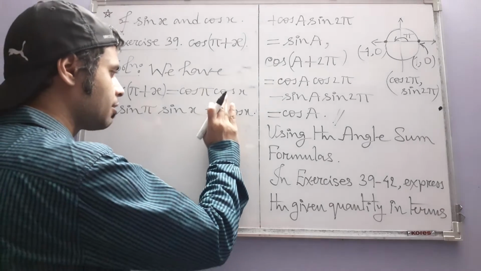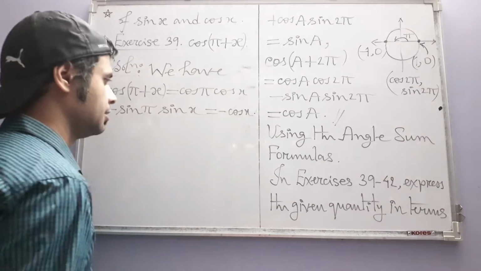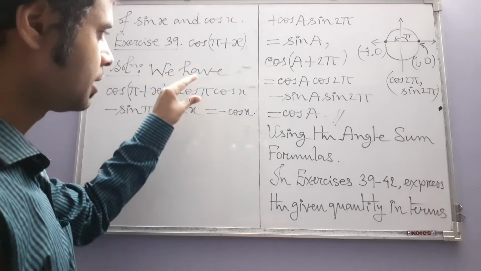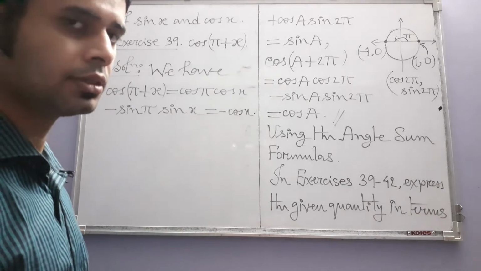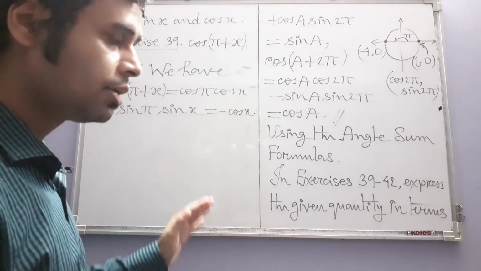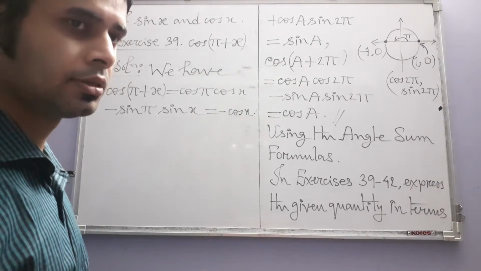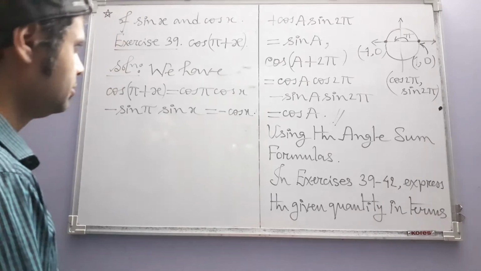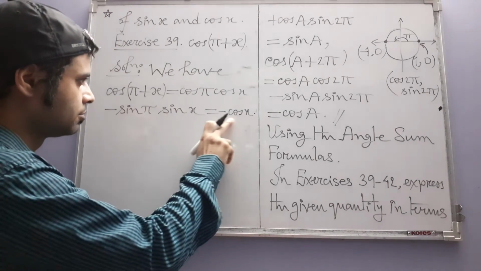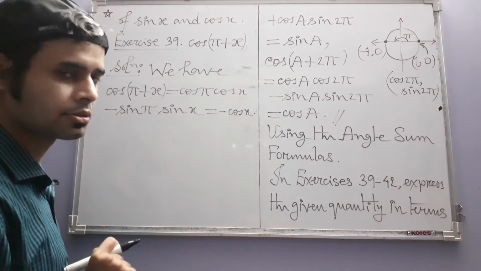Now we are often advised to, again I am repeating this thing, I have already discussed something about remembering this type of things. Again I am repeating because it's very important to not blindly memorize these things. Instead, how long does it take for you to figure out that cos pi plus x should be minus cos x?